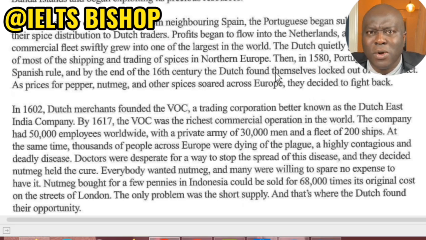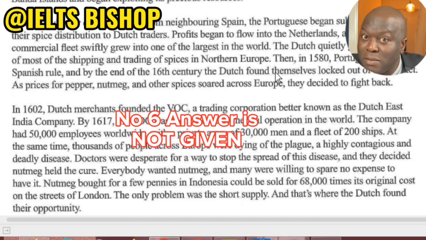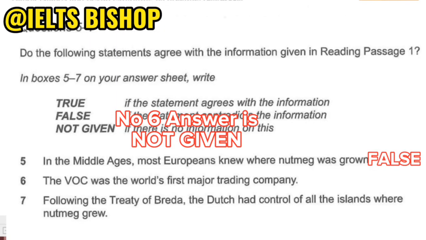So I'm bringing this color thing, juxtaposing it with what we are seeing in the passage. The time was not mentioned, so we can't say it is there. Therefore, it is not given. To be very specific, it's not given.